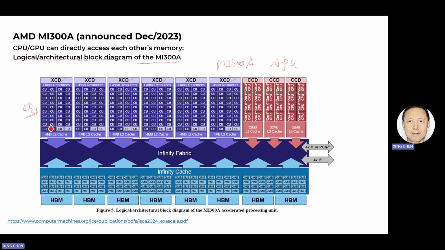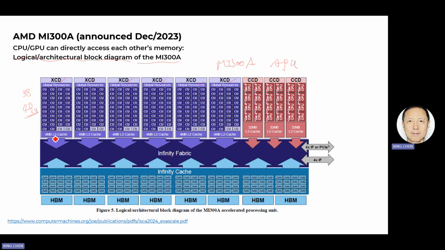I mean, sometimes some units after being produced won't work, so you have to reserve some more to replace the ones that fail to function correctly. So you have physically 40 CUs, but for the user, you are going to see 38 CUs, compute units.